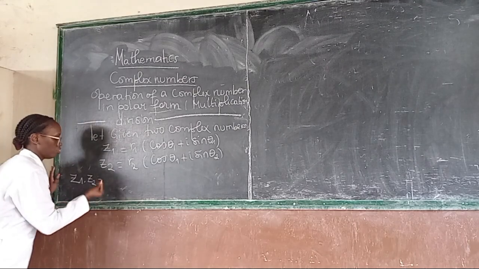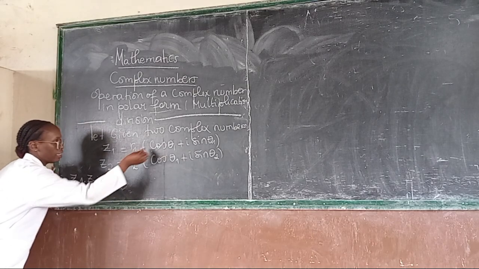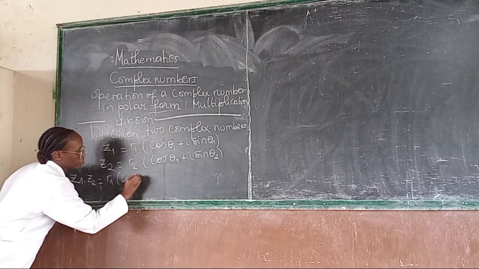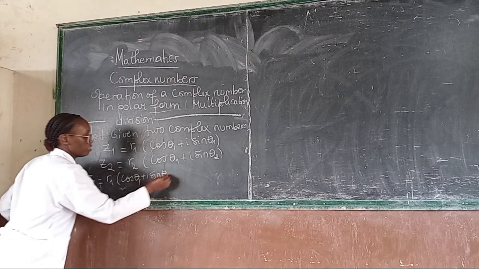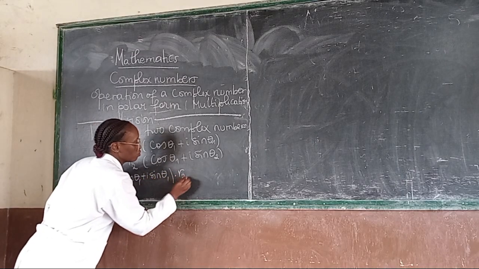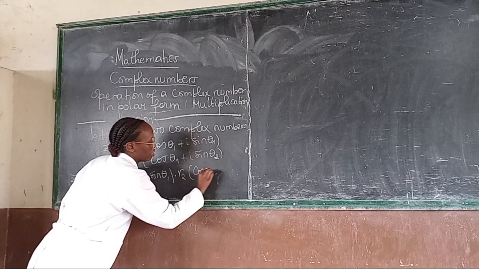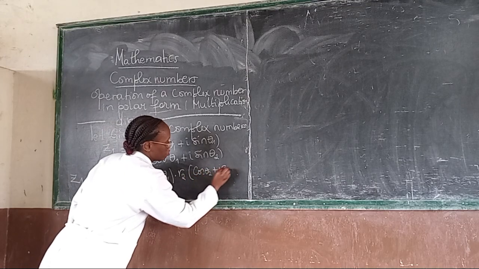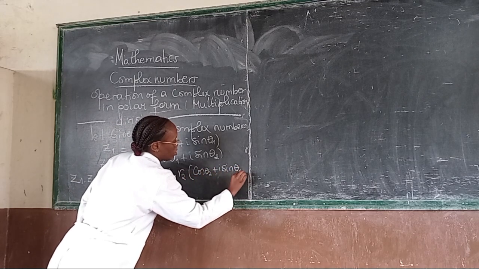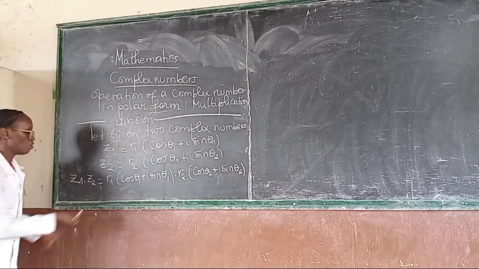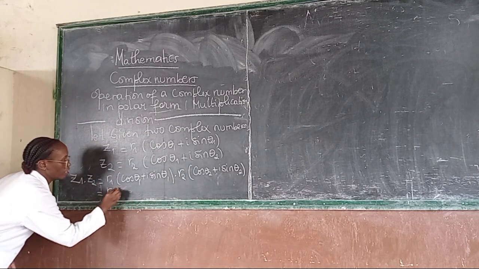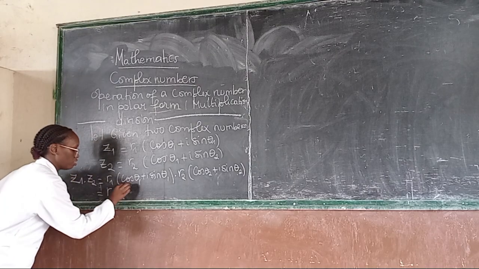Z1 times Z2 will be equal to modulus 1 (cosine theta 1 plus I sin theta 1) times R2 (cosine theta 2 plus I sin theta 2). Because we are going to do multiplication, modulus 1 will be multiplied by modulus 2.